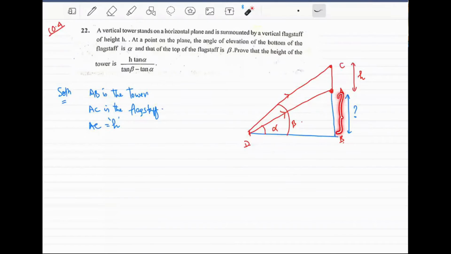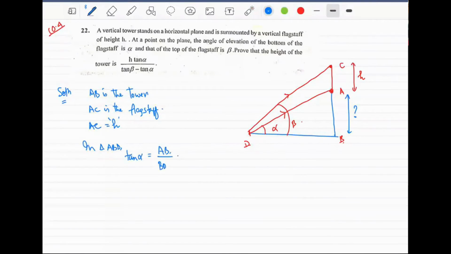Opposite is this part right here, AB. Adjacent is this part right here, BD. So find out tan alpha in the smaller triangle, ABD. Tan alpha will be how much? Opposite of alpha is AB. Adjacent is BD.